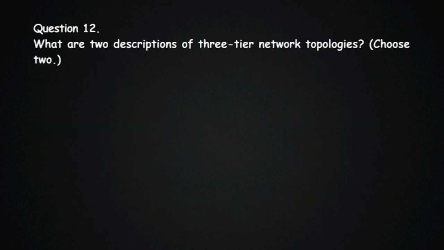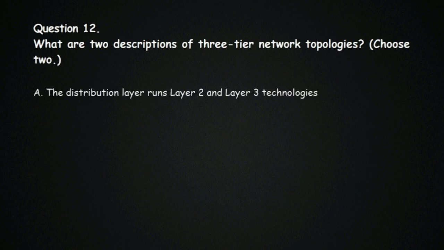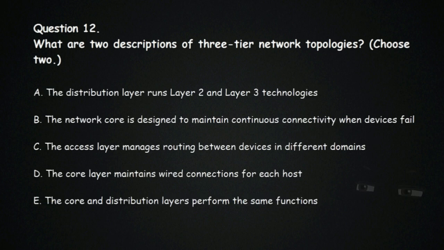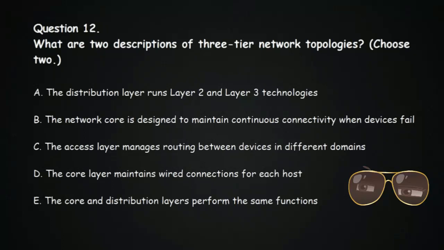Question 12. What are two descriptions of three-tier network topologies? Choose 2. Answer is A and B. The distribution layer runs Layer 2 and Layer 3 technologies.